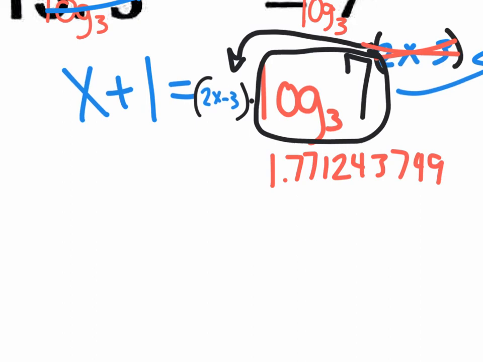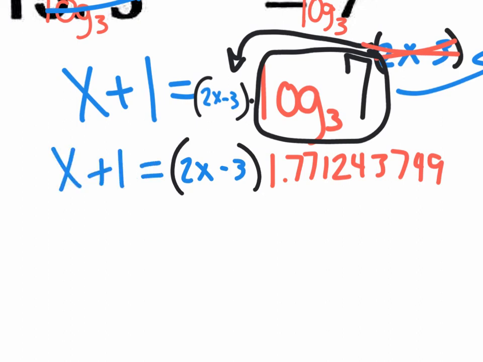Now keep in mind that that's a number that you still need to distribute into the 2x minus 3 that's inside the parentheses. So you need to distribute that crazy irrational number into the 2x and into the minus 3. And you still have the left side of this equation. So when I distribute it, I could just go to my calculator, since I have my answer on there, and hit times 2.